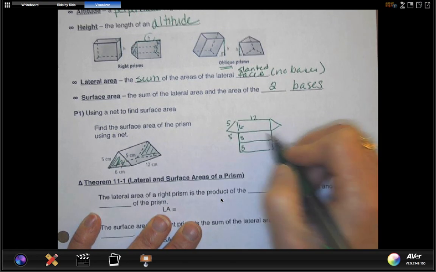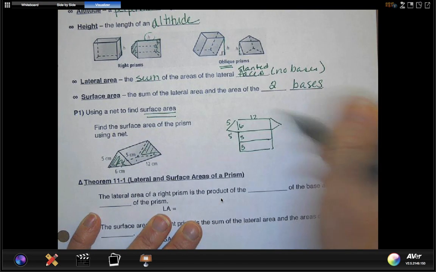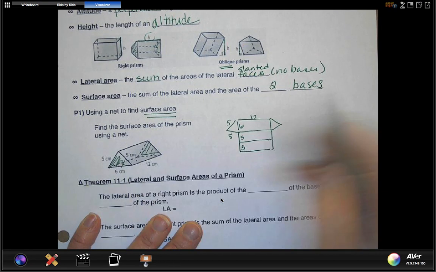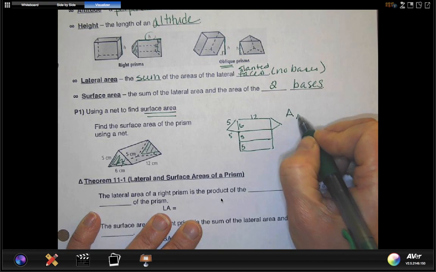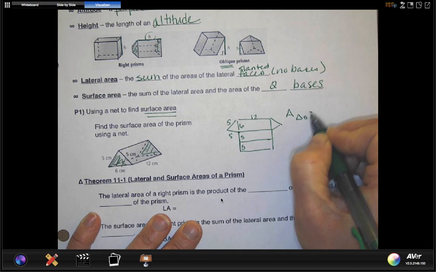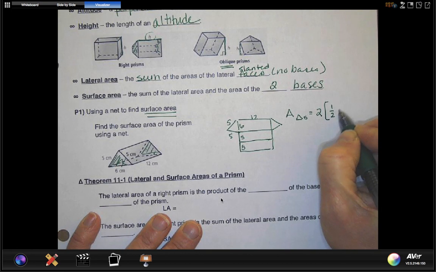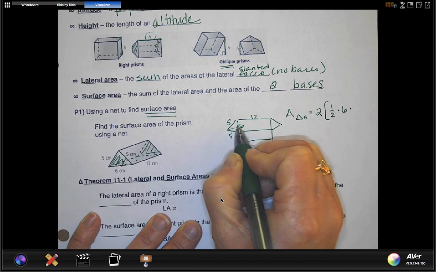So when I find the surface area, I'm finding the area of everything. So all the 3 rectangles, so the 3 faces, and then the 2 bases there. So I have 2 triangles here, so the area of my triangles is 2 times 1/2 the base, which is 6, but now I need the height of that triangle.